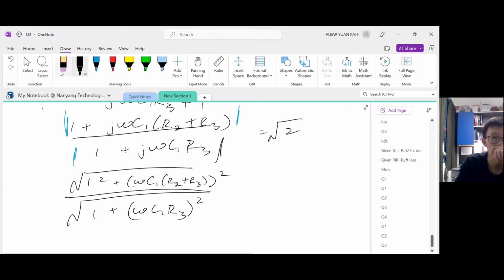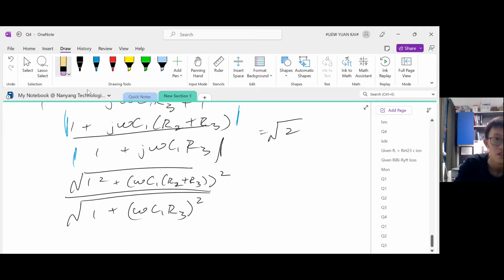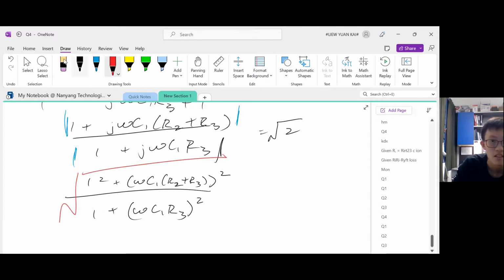Okay. Do you remember this? We can say that square root of a over square root of b is the same as square root of a over b. So I'm going to combine the square roots together.